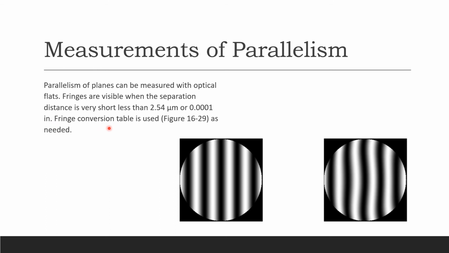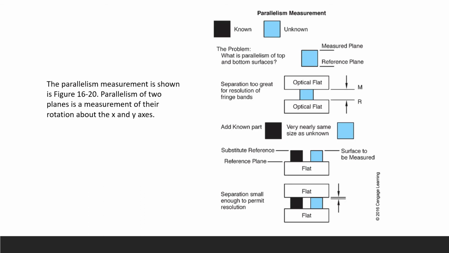So the fringe conversion table is right here in figure 1629, and I'll show you. We're going to use it as needed. That's just for conversion. So the parallelism measurement with the optical flats is shown here in this picture. So that's your parallelism measurement.